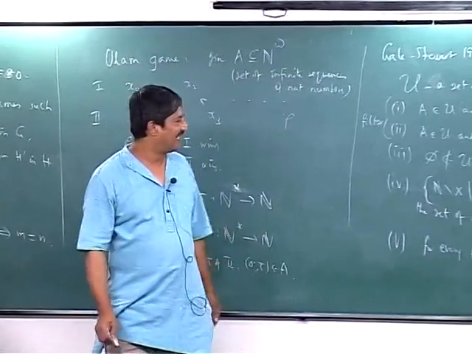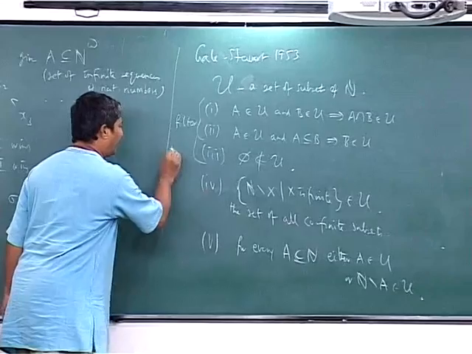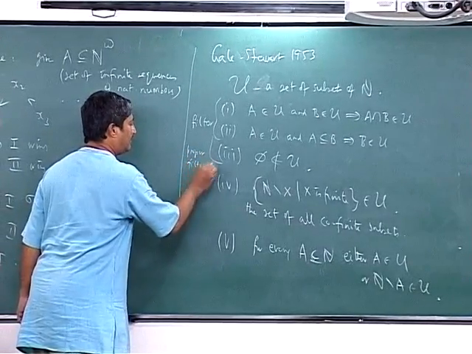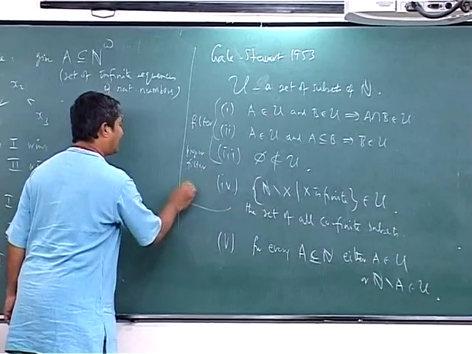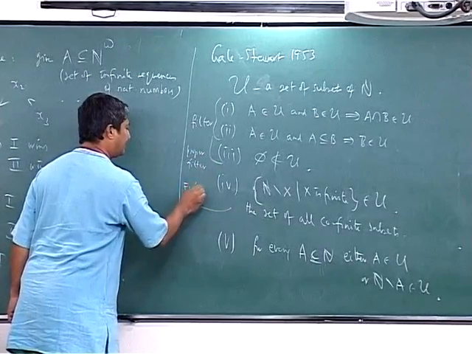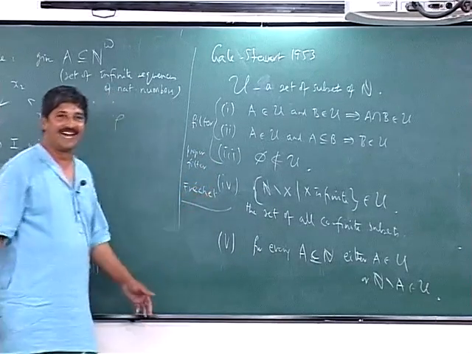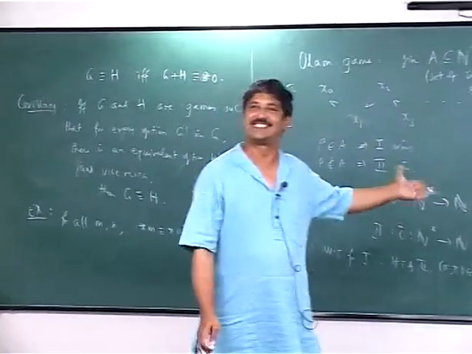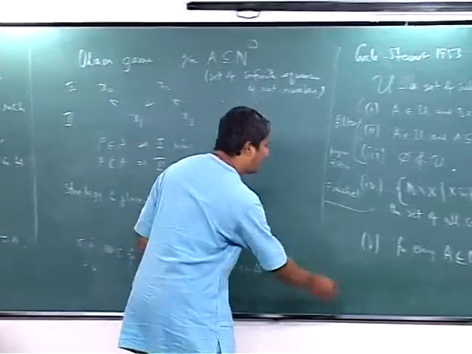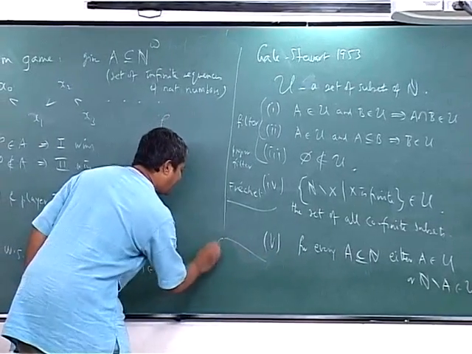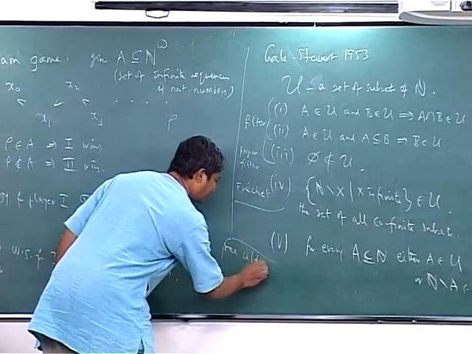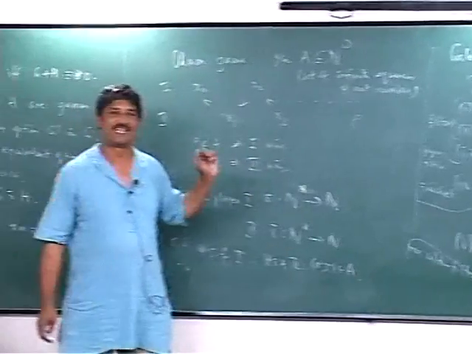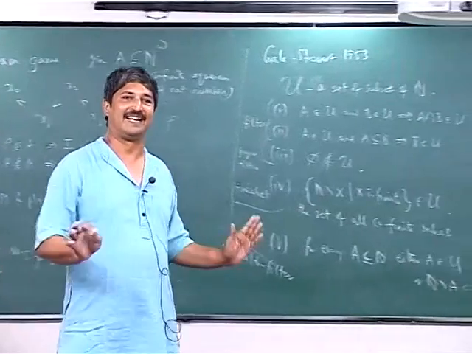The third one says that it's a proper filter. The addition of the cofinite sets says that it's the so-called Fréchet filter. These are famous objects, so I'm just giving them names, but don't worry about it, it's just a set. And lastly, this one says it's a free ultrafilter. These are all nice things to know, but for us, we don't need all this.